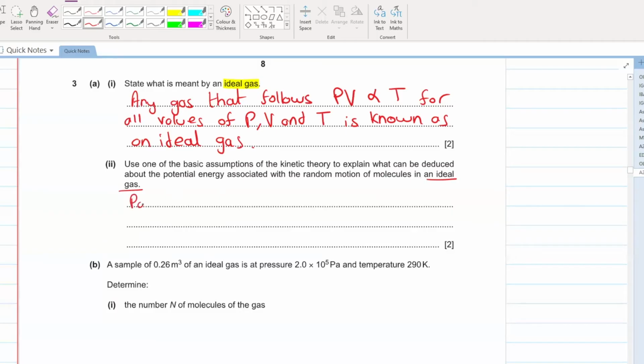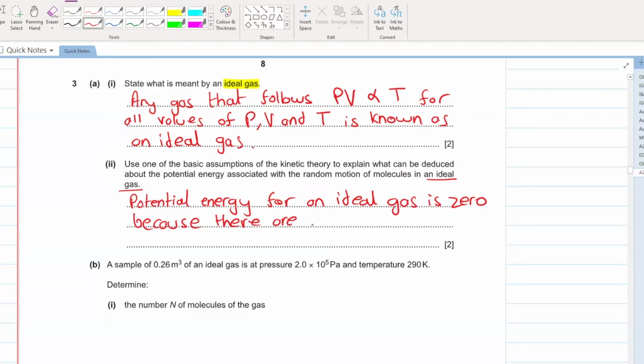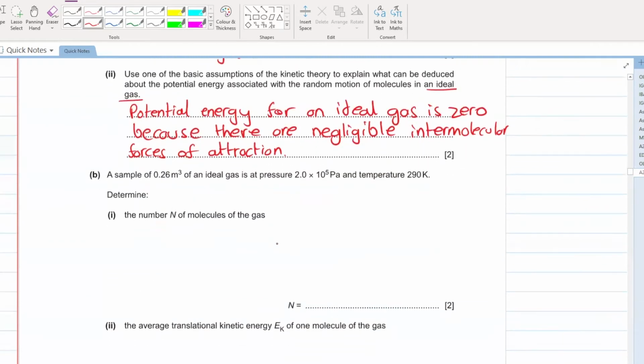In an ideal gas, the potential energy is zero because there are negligible intermolecular forces of attraction. Simple as that, nothing complicated here. Okay, let's further move ahead.